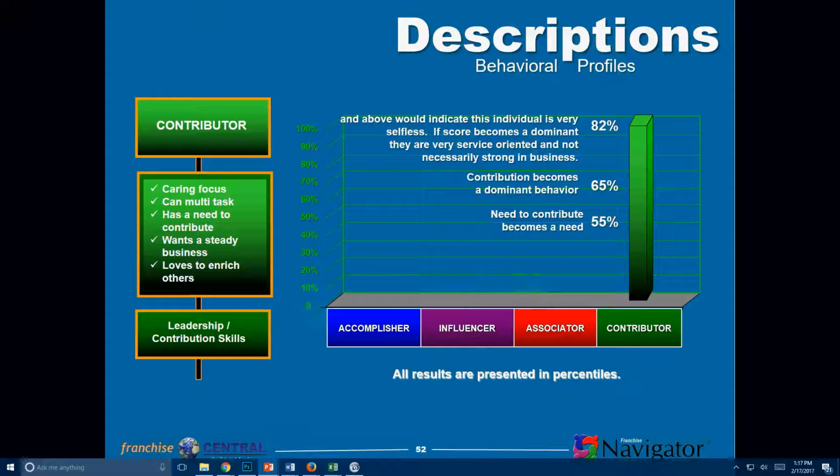And again, as I mentioned, these are the kinds of people that with a very high contributor score, they don't want anything that's superfluous to life. They want something that is meaningful to life. And this is where you'll find doctors, nurses, academia, teachers, professors, social services, social workers. And again, if it's a dominant contributor, they generally aren't going to look at a franchise unless it's a meaningful franchise.